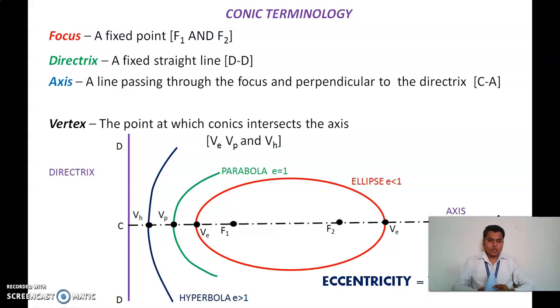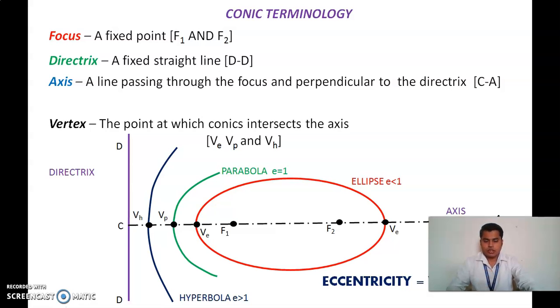Now some terminologies used with the conic section. The focus-directrix method is what we use to construct such curves, whether it is an ellipse, parabola, or hyperbola.